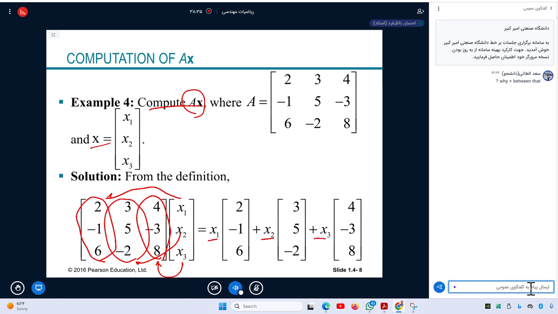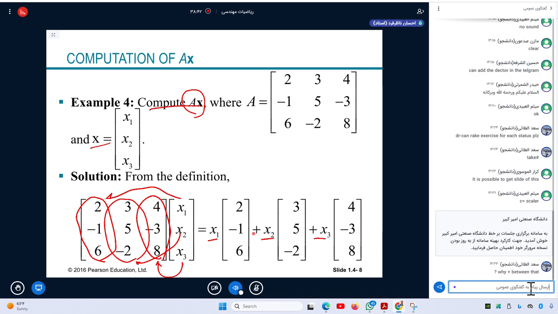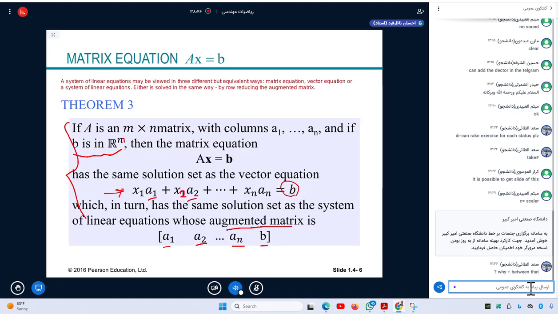If you go back to this one, this is what I just did. x1 is a scalar times a column, plus x2 times the second column, and plus.